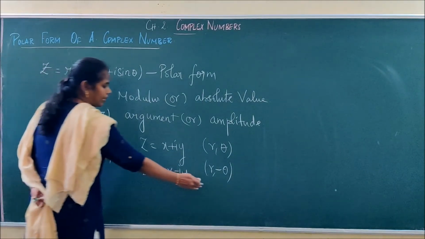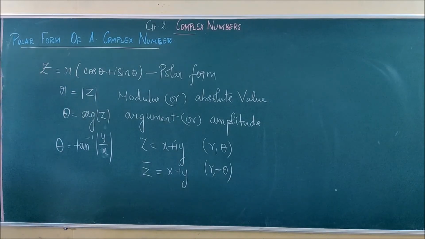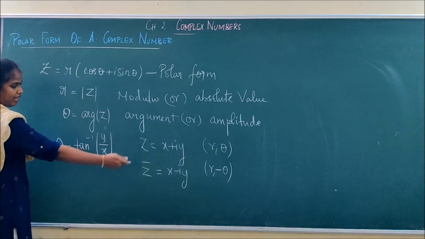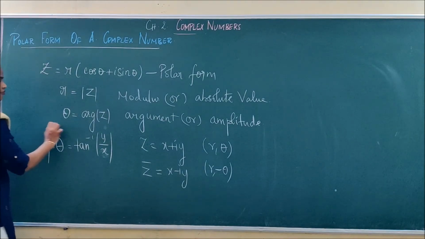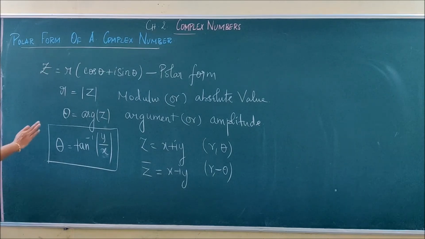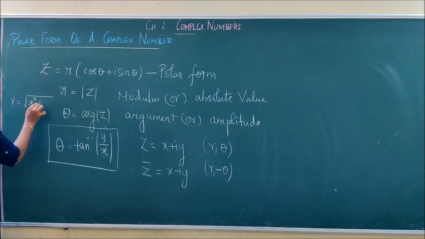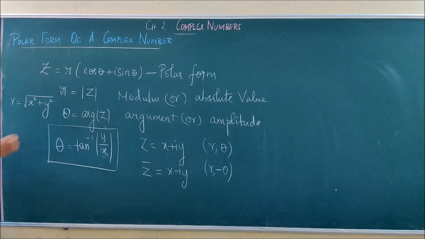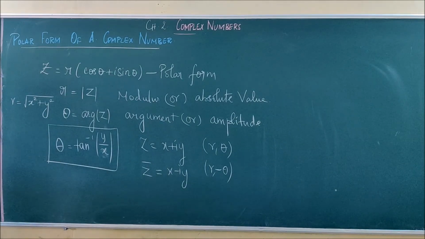And when we divide this, we will get this formula. This is the formula for finding the value of the argument. And modulus we can simply find: r is equal to root of x square plus y square, that is, square of the real part plus square of the imaginary part. You can find the value of r using this formula and theta using the other formula.